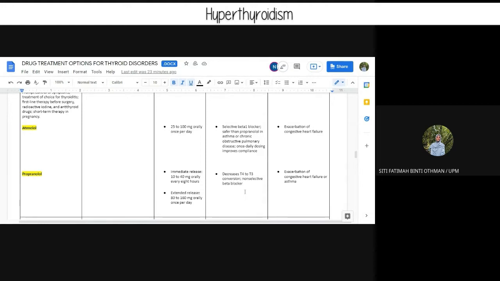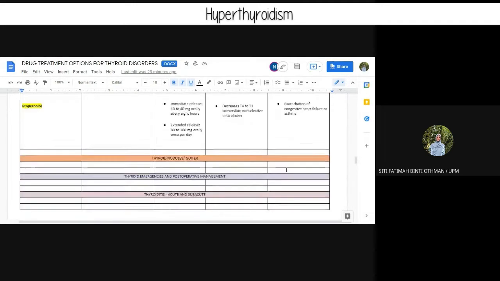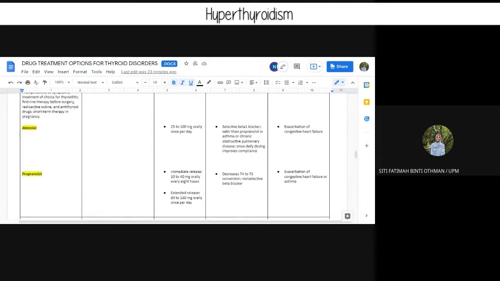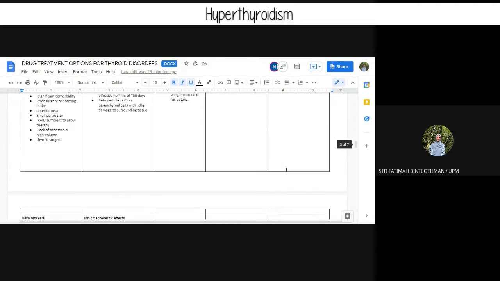Propranolol can decrease the T4 to T3 conversion. It is also one of the non-selective beta blockers. For the adverse effect, it's also the same as atenolol. It can also cause exacerbation of congestive heart failure or asthma. Okay, I think that's all from me.